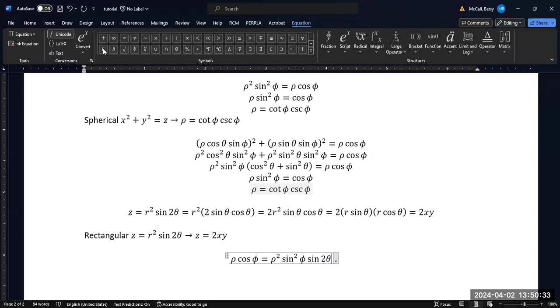Remember, the main thing is we want to get rid of anything that doesn't belong in spherical, which is definitely all the r's.